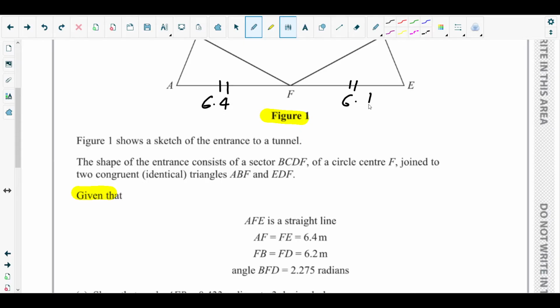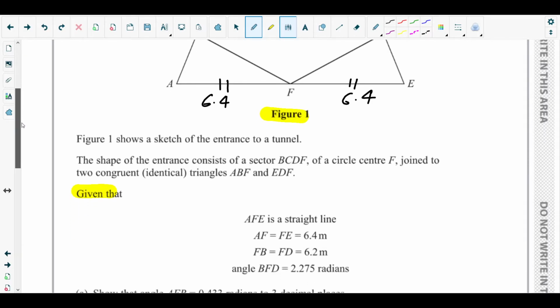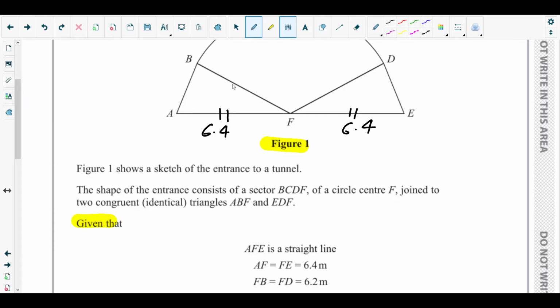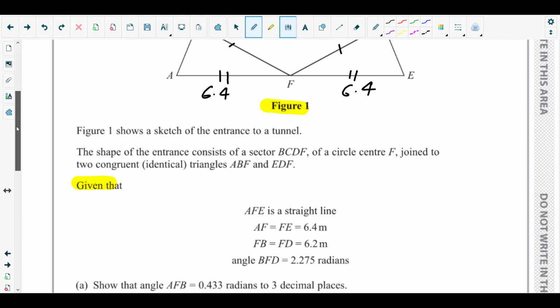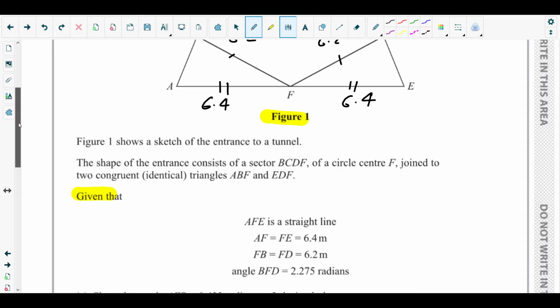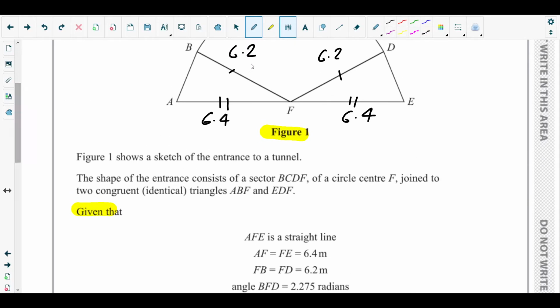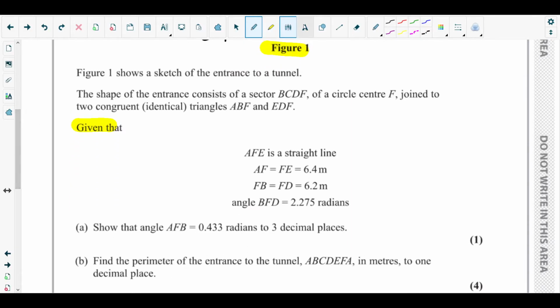FB equals FD, both 6.2 meters. Next, angle BFD is 2.275 radians.